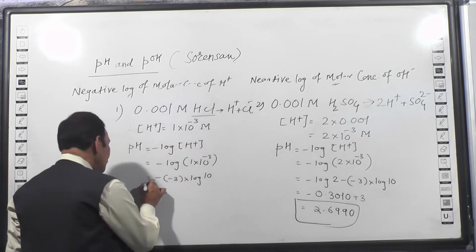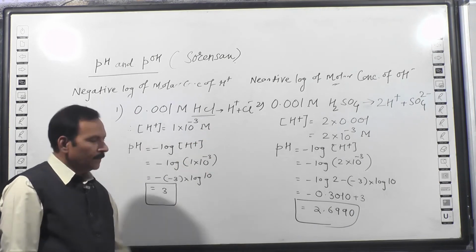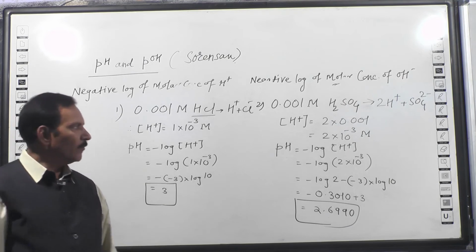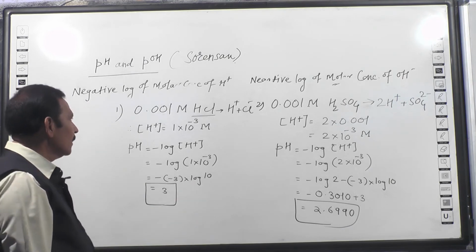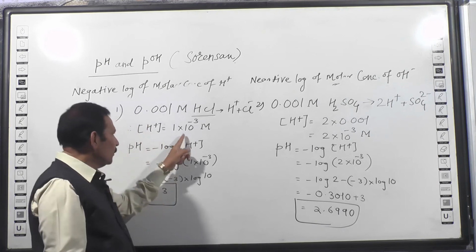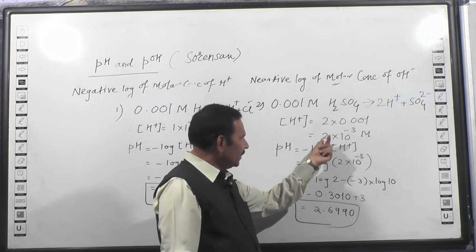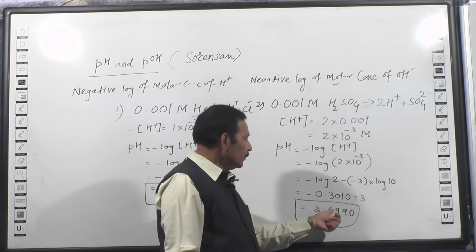How to calculate pH of any acid or pOH of any base. This will be clear from these two examples. Here only 1 is there as a coefficient, only power of 10 is there. And if in addition to that power of 10, if something comes over here, the value becomes different.